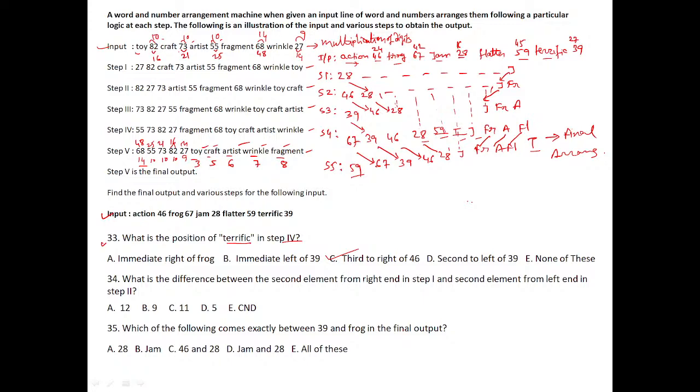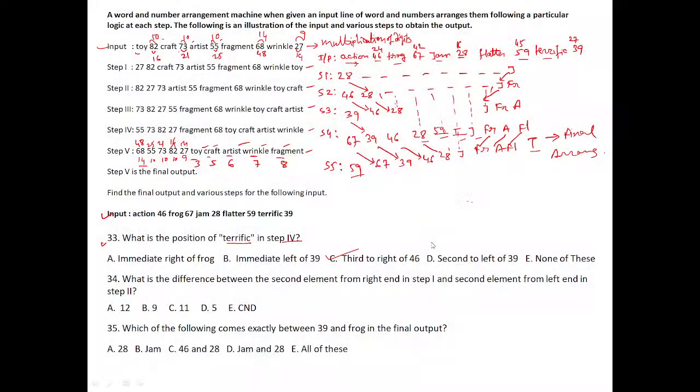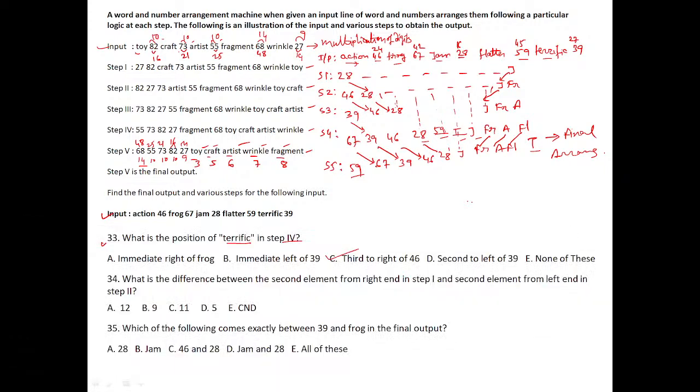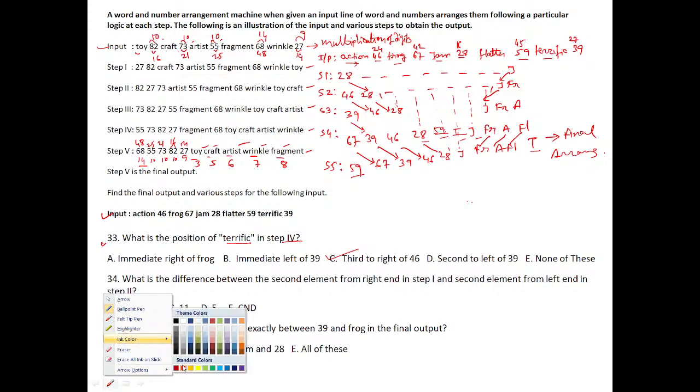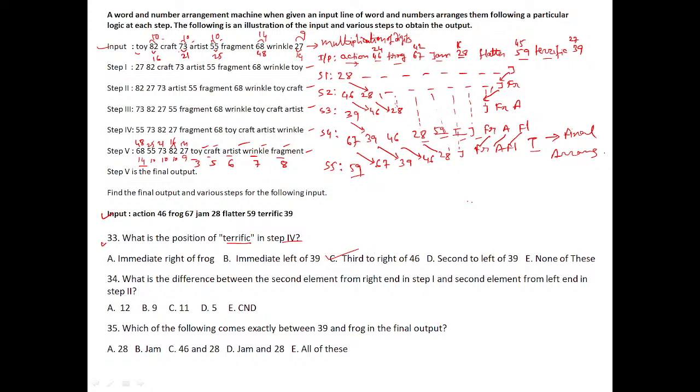What is the difference between the second element from the right hand in step 1 and the second element from the left hand in step 2? Second element from the right hand of step 1.